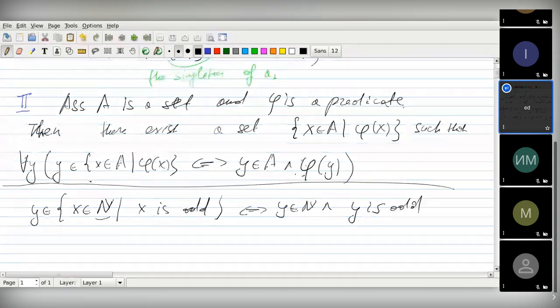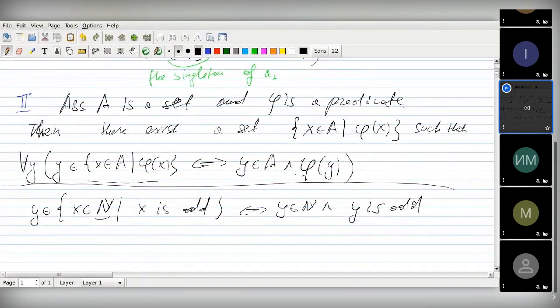Clearly, this set is a subset of A, because every element of this set is also an element of A. This suggests the following name for this set construction principle: subset specification. So we specify this subset by property phi.